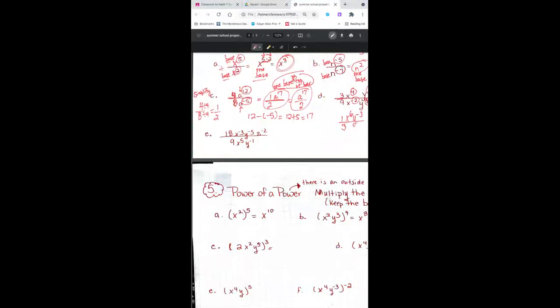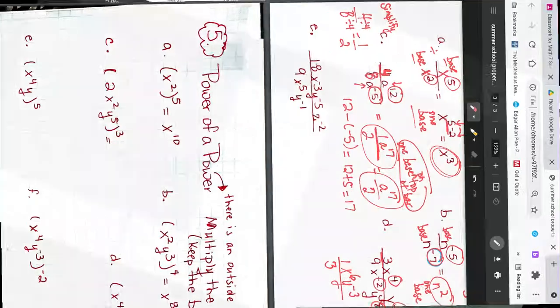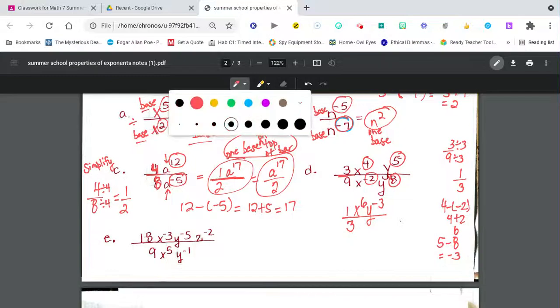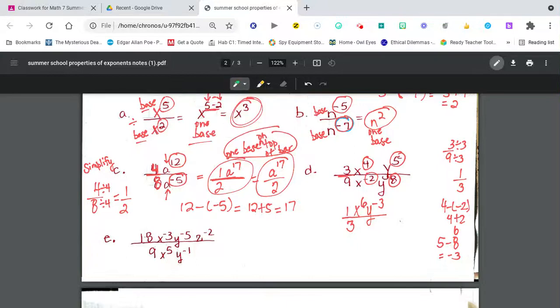This is not in simplest form yet. The reason why it's not in simplest form is because your remaining base of y has a negative exponent.